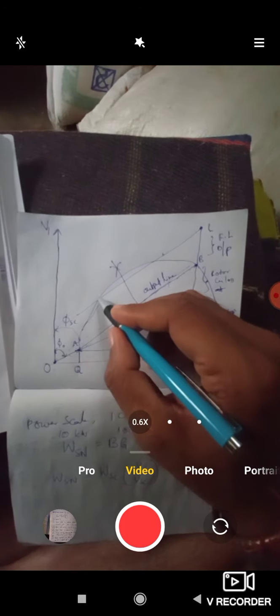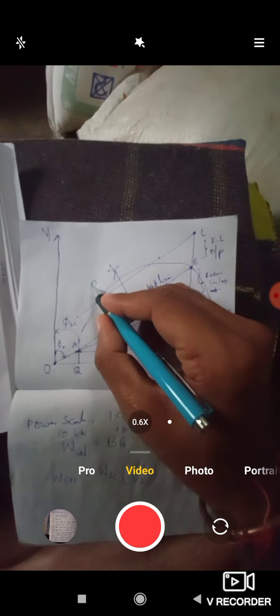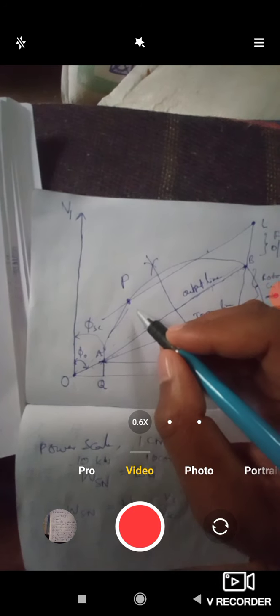We consider the first point and name it P. This is the operating point P at full load.